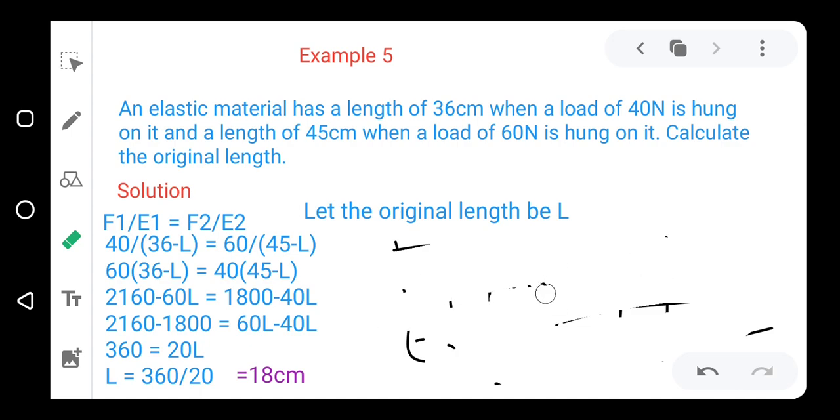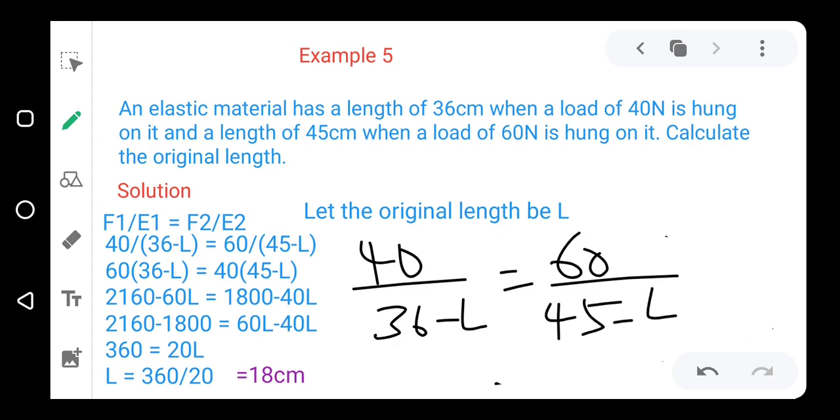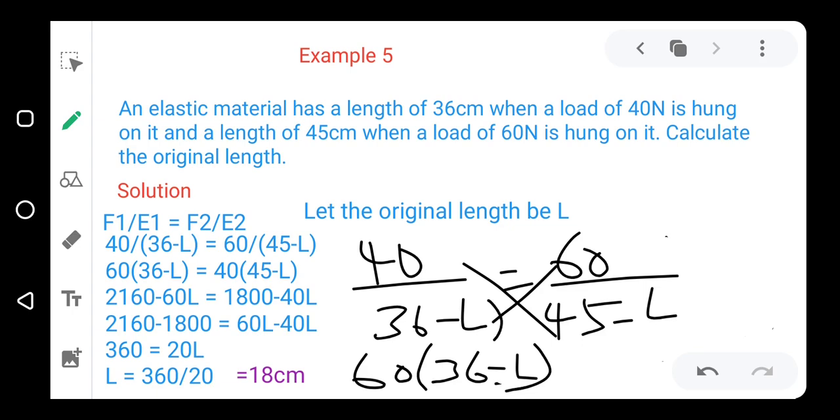So we have 40 over 36 minus L is equal to 60 over 45 minus L. And so if we do cross multiplication, it becomes 60 brackets 36 minus L. We put a bracket to factor this very well and expand it.